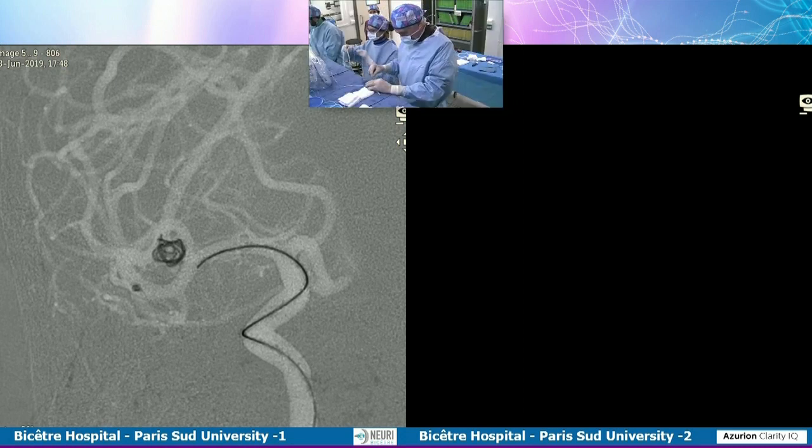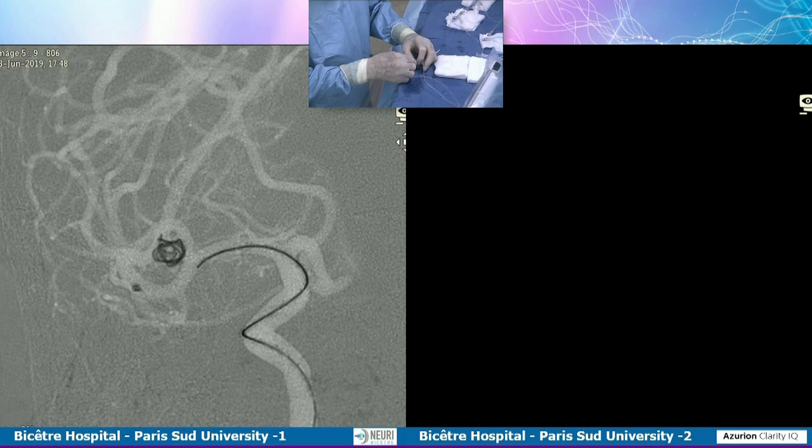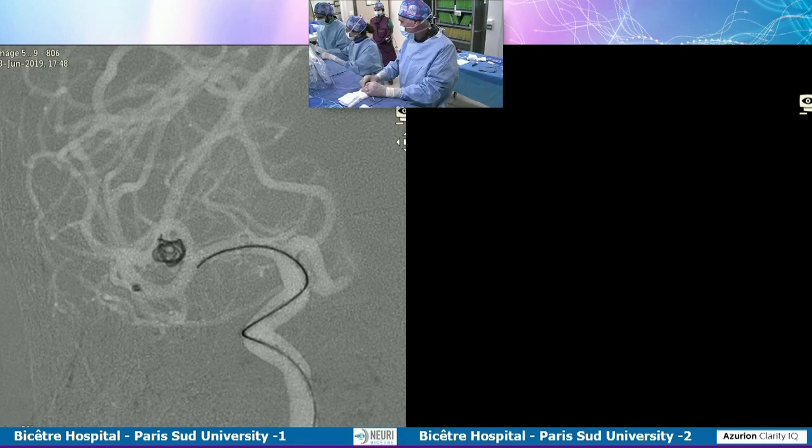It's trickier to navigate in the upper branch here, and this one is easier to navigate with the flow diverter. Here it's more complicated, and you have a discrepancy in the diameter between this branch and the M1 segment. Technically speaking, it's much easier to place a pipeline here.